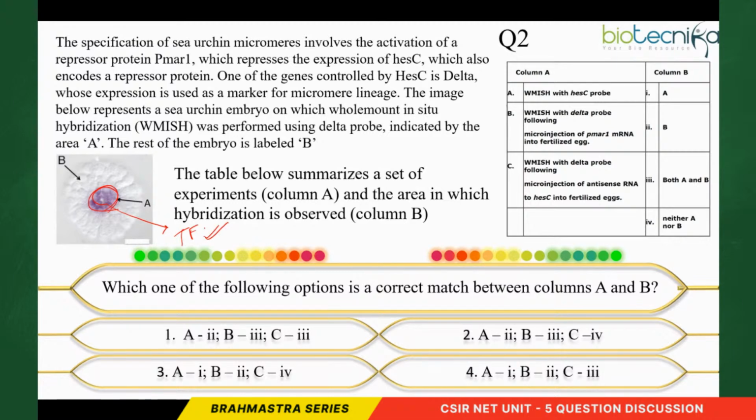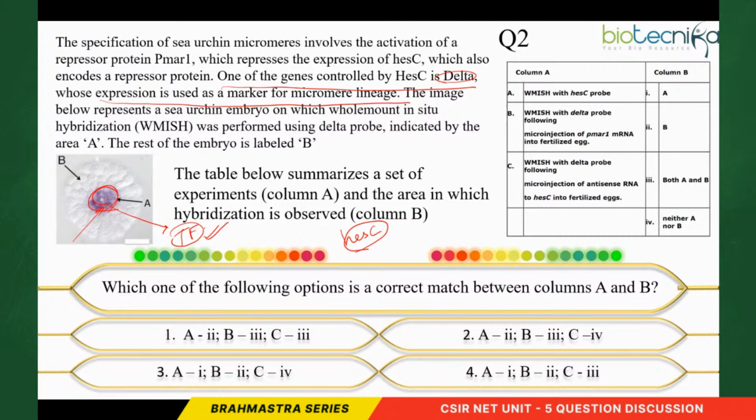Okay, now there is an inhibitor which is called HESC. The HESC inhibits the transcription factors. So what transcription factors are there? One is delta, then some more are there, transcription factors which would be making the specification of this particular area. So you can see one of the genes controlled by HESC is delta, whose expression is used as a marker for micromere lineage.